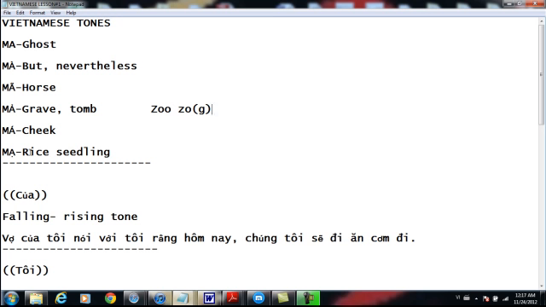Now, like I said before, if you learn just the standard mainland Chinese Mandarin Pinyin, you probably didn't learn this, because I know I didn't when I first started. But this ma is a glottal stop, and it's the same as the fifth tone in Mandarin.